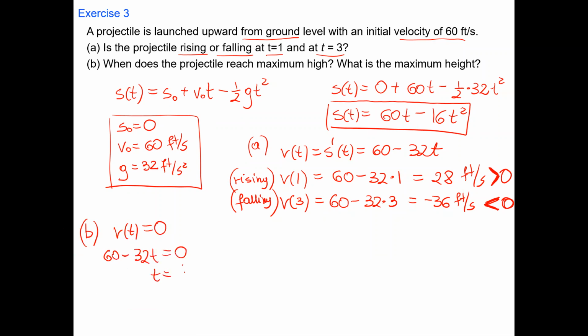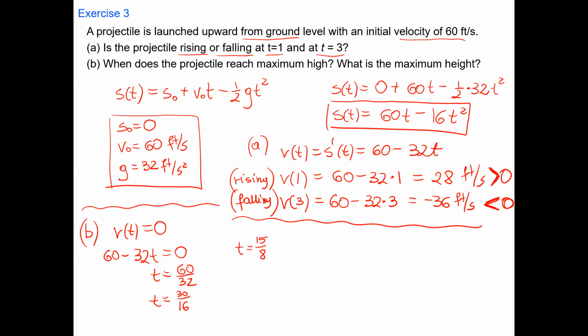Then t is 60 divided by 32. Not a nice number. We can divide by 2, 30 over 16, and we can still divide by 2. I know, because we do not have calculators.